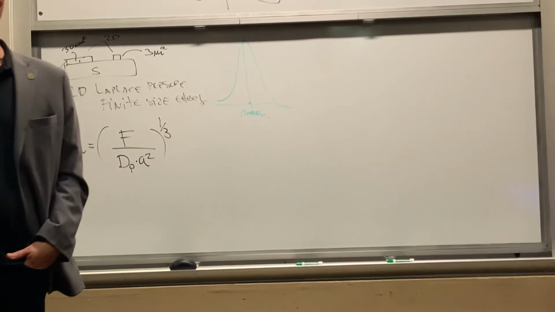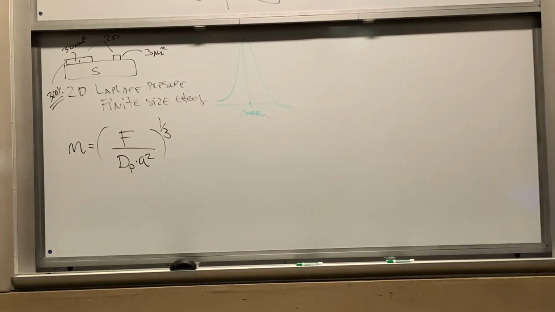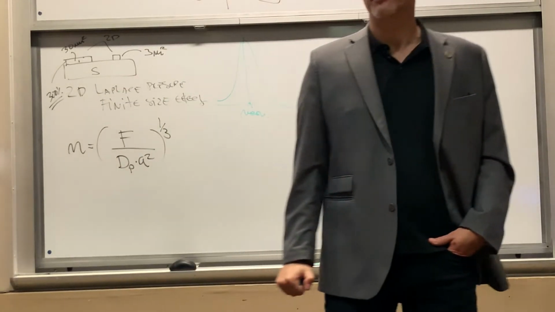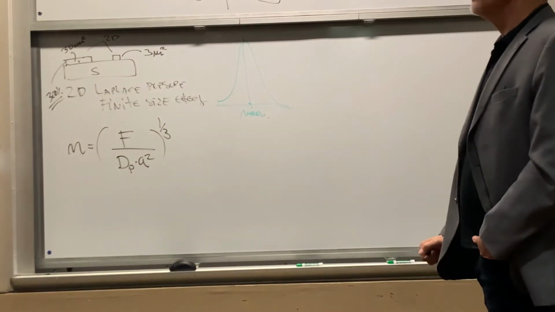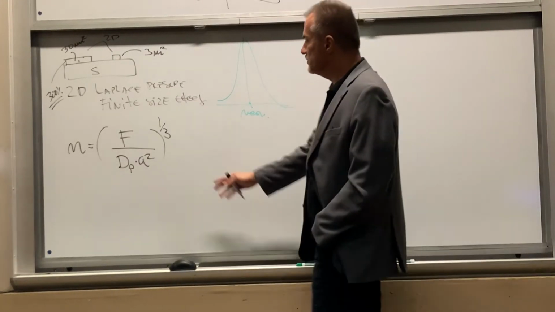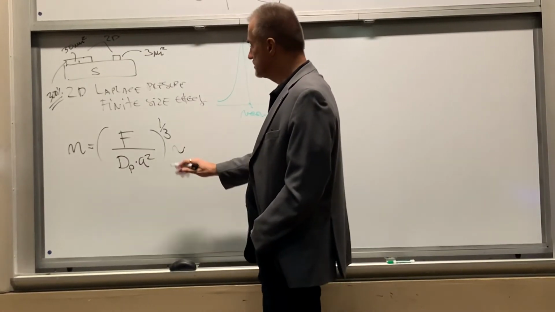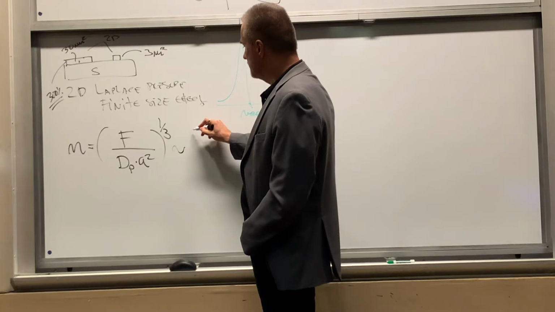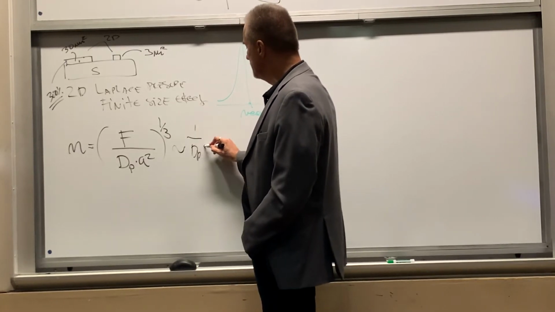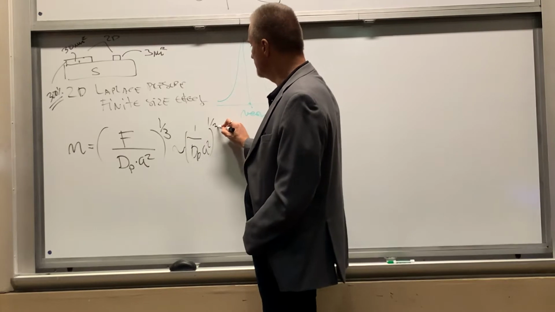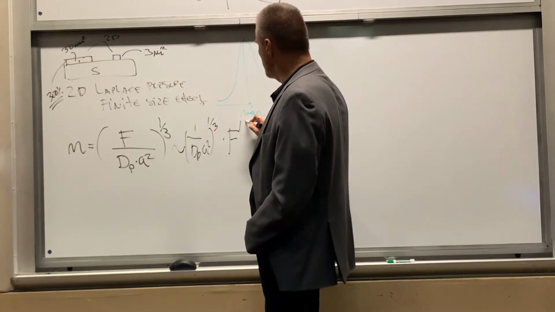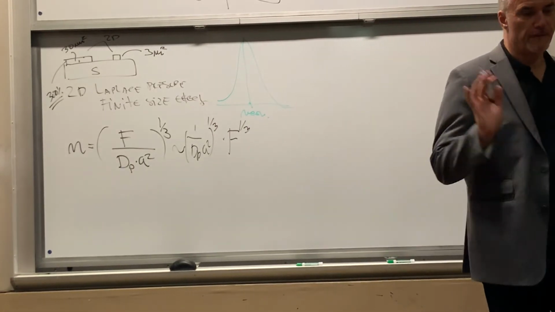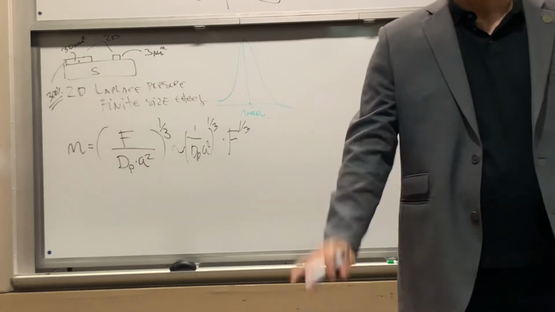Do you remember that or not? Because if you don't, you're going to have some major trouble doing your homework. I hope you guys read the material I sent you, and if you don't, again, trouble is for you. So we can say that this is proportional to some constant, which is going to say 1 over D_p a squared to the power 1 over 3 times F to the power 1 over 3, okay? F is the flux, how much you're getting things on the surface.